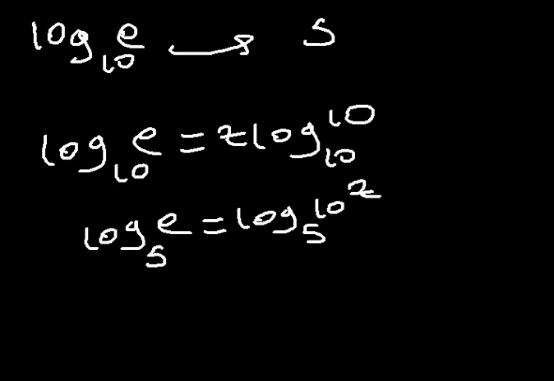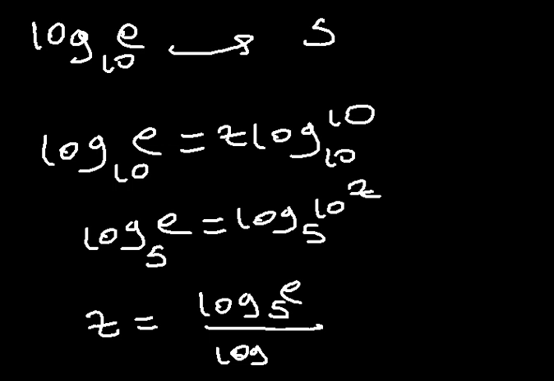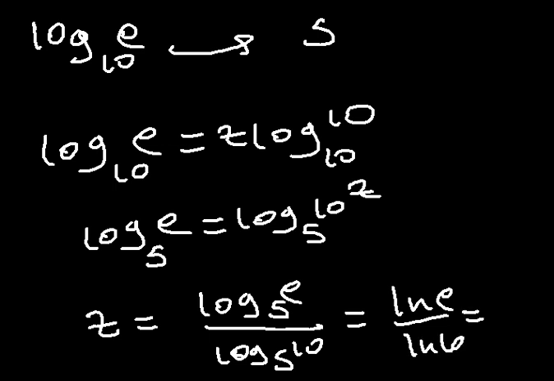Upon making z the subject, z is equal to log 5 of a divided by log 5 of 10. Of course, we can also have it as ln a over ln 10.